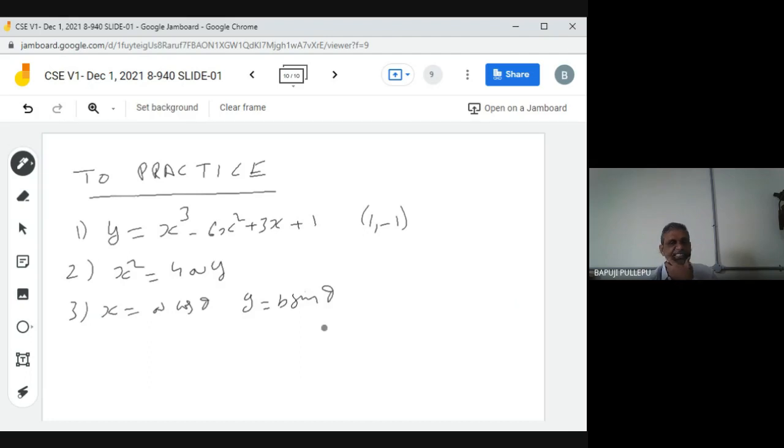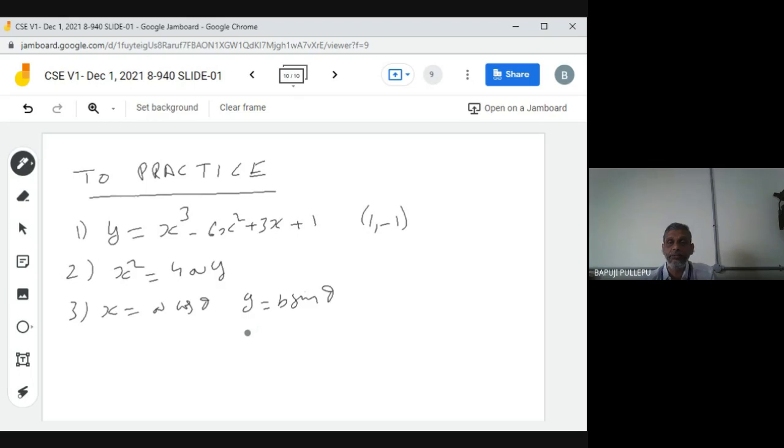X is equal to a cos theta, y is equal to b sin theta means what is the curve of this fellow? Parameter form is given. What is the ellipse parametric equation?